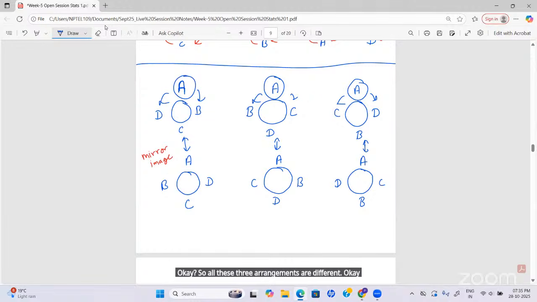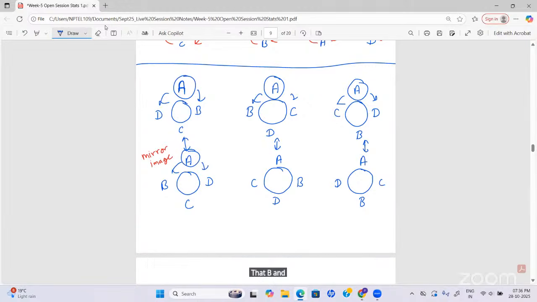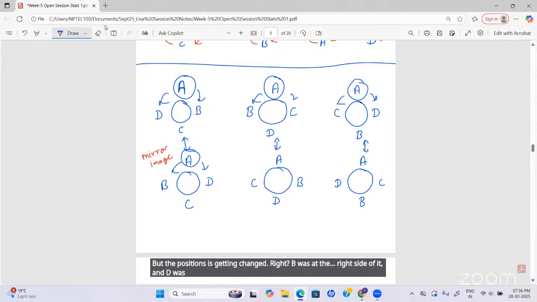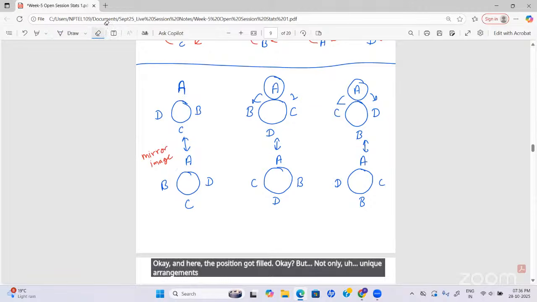Here also B and D are next to A, but the positions are getting changed. B was at the right side of it and D was at the left side of it, and here the position got flipped. But these are the only unique arrangements in circular fashion.